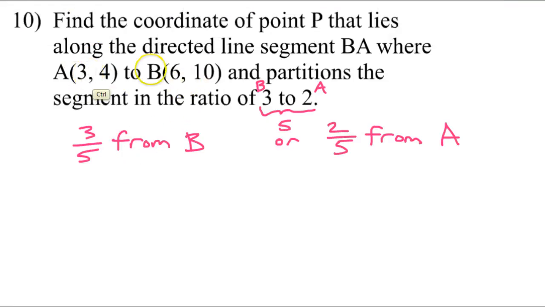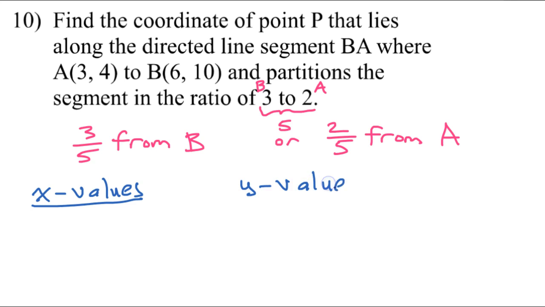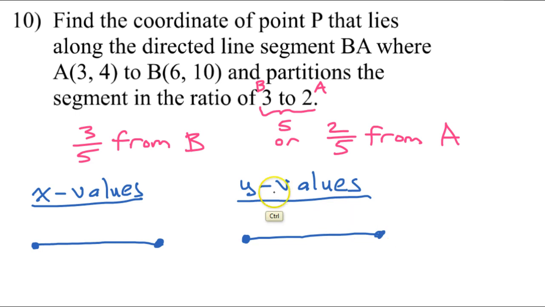So we still have x's and y's, so that means I need to make separate diagrams. So I'm going to work out the x values over here on the left, and I'm going to work out the y values over here on the right. Okay, so here is my little number line representing the x values, and this will be my little number line representing the y values.